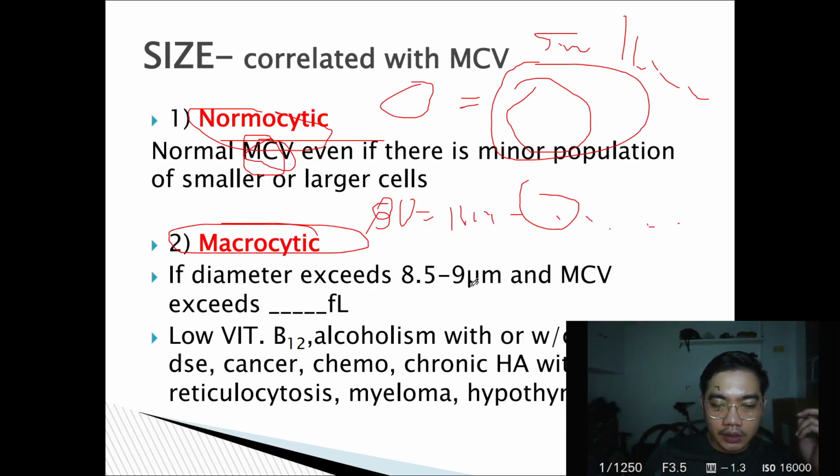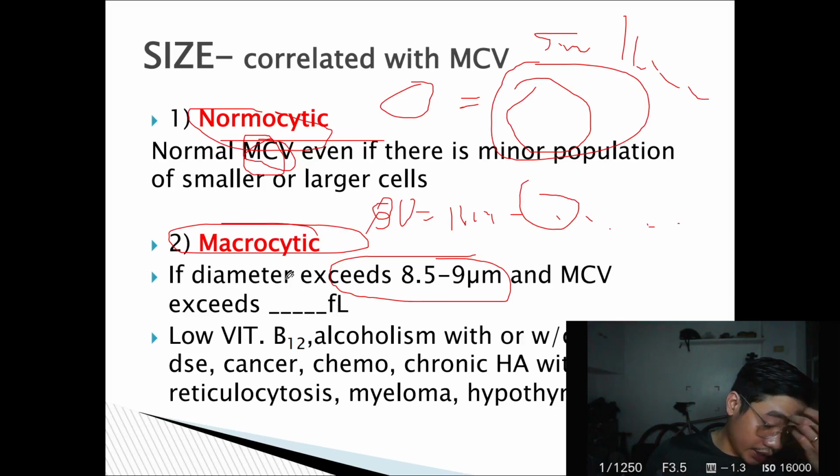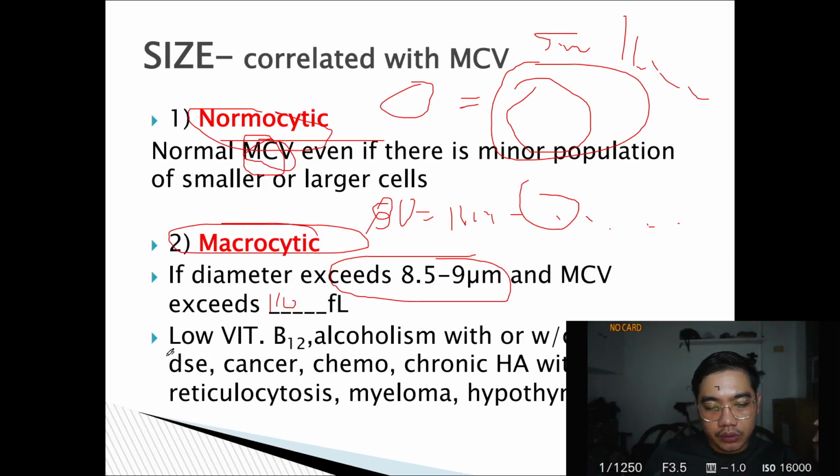Macrocytic, the diameter is 8.5 to 9, and it exceeds more or less 100, so 100, 110 usually. So what is the cause for your macrocytic? Low vitamin B12, alcoholism, or anything that affects red cell maturation.